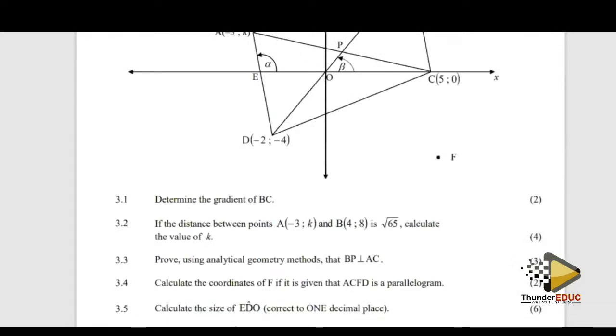Okay, so then they want us to get the area of ADC, so this triangle here.